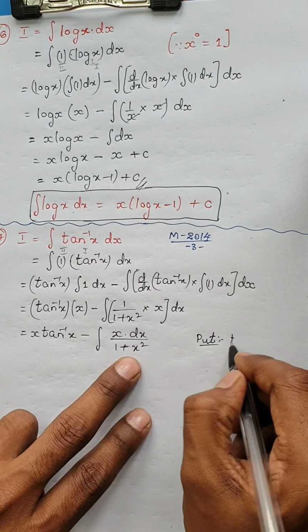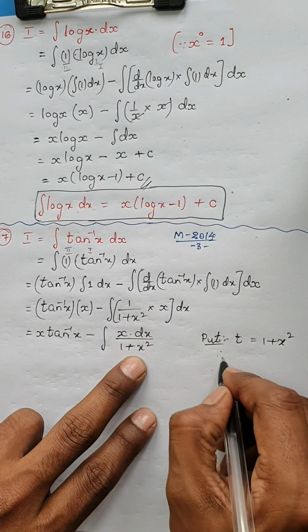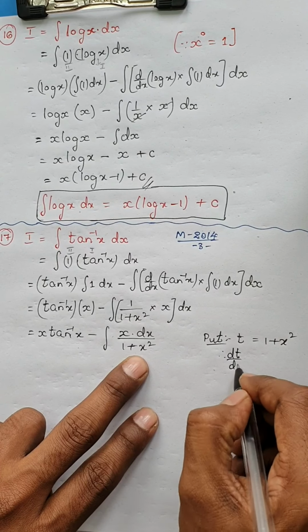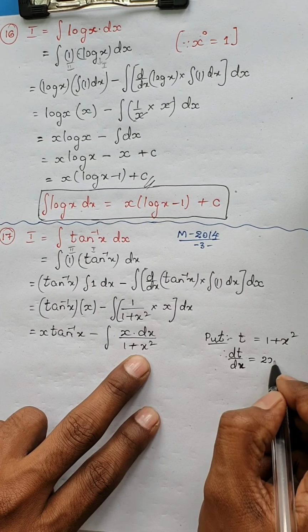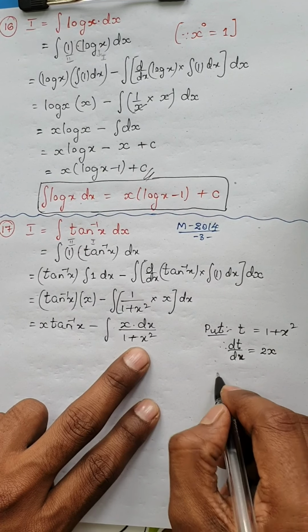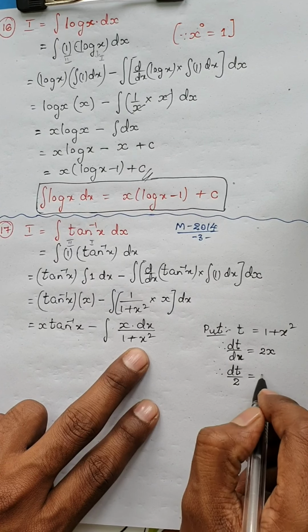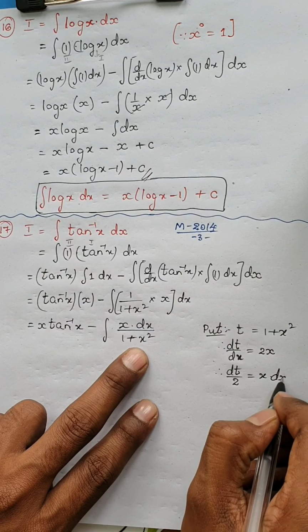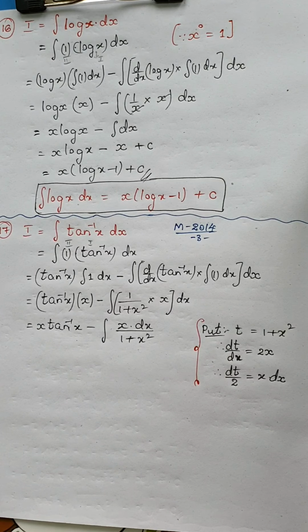Let me put t equal to 1 plus x square. Therefore dt by dx would be, the derivative of 1 is 0 and the derivative of x square is 2x. Let me make some arrangement: dt by 2 would be x dx. So this is the substitution part, be careful with it.